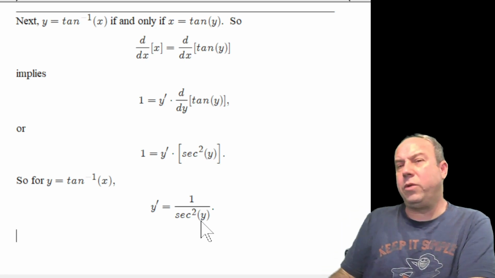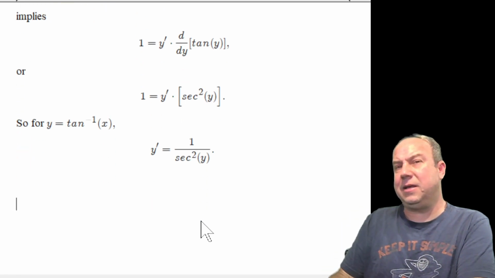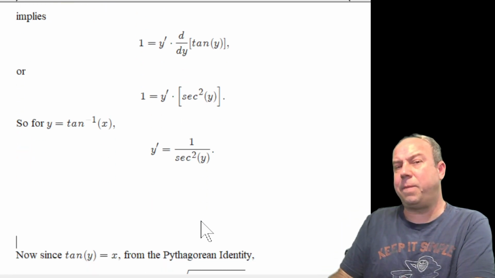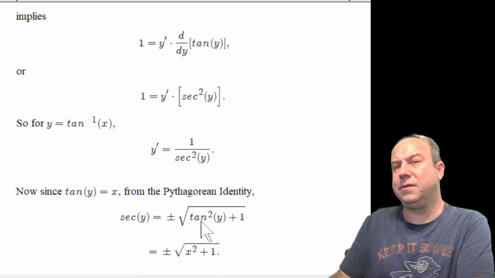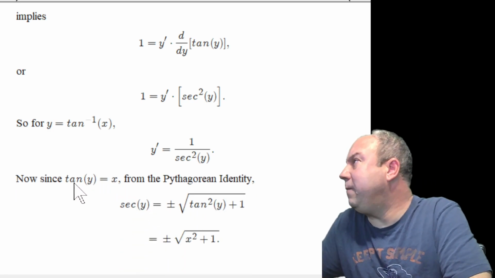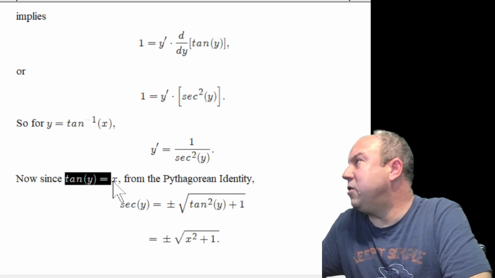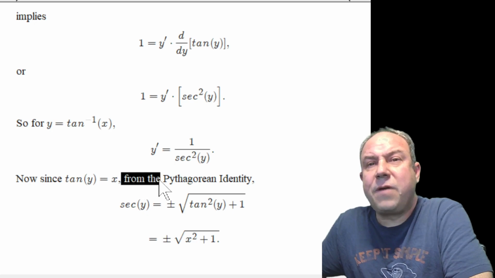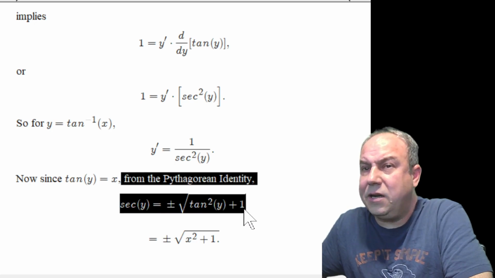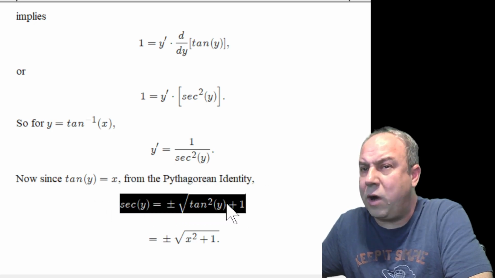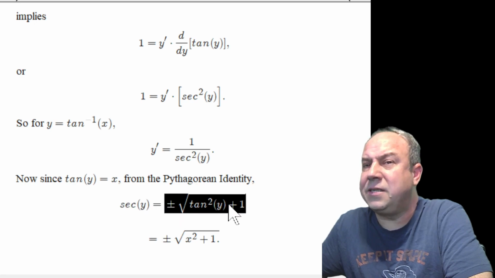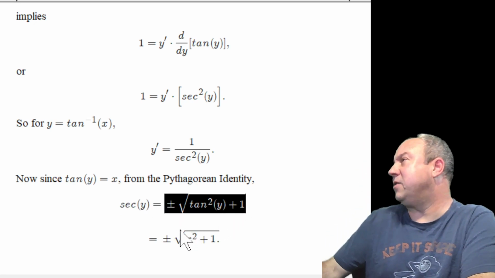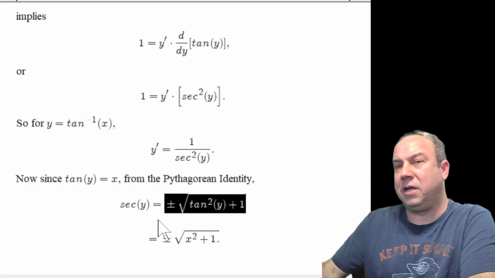Right? Where we do take note of a particular behavior. Specifically, since the tangent of y is said to be equal to x, from the Pythagorean identity, we can also say that then the secant of y must be equal to plus or minus the square root of the tangent squared of y plus 1.